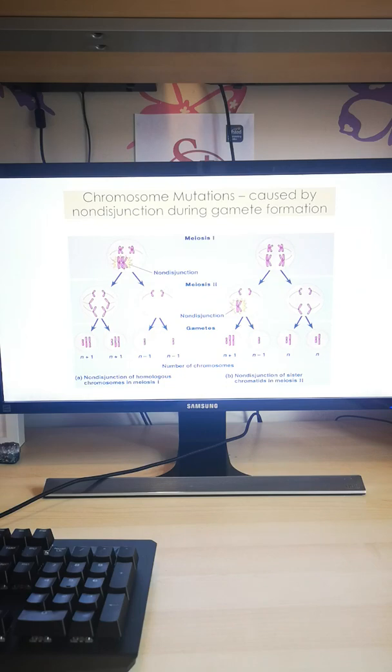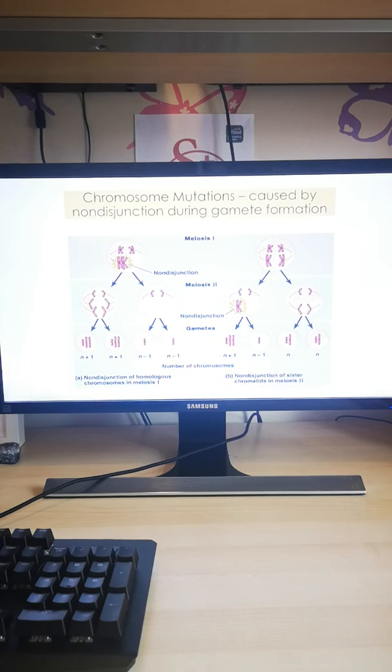On the other side of the picture, you can see non-disjunction at a different place. So it's not in the first division, but it was in the second division. But it still resulted in cells that have got more information. In this case, sister chromatids didn't separate, and one daughter cell received 2 copies of the same DNA molecule, whereas the other daughter cell in that line didn't receive any copy at all of that homologous chromosome.